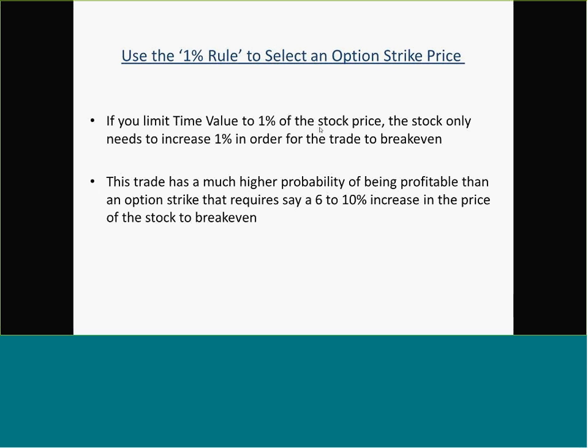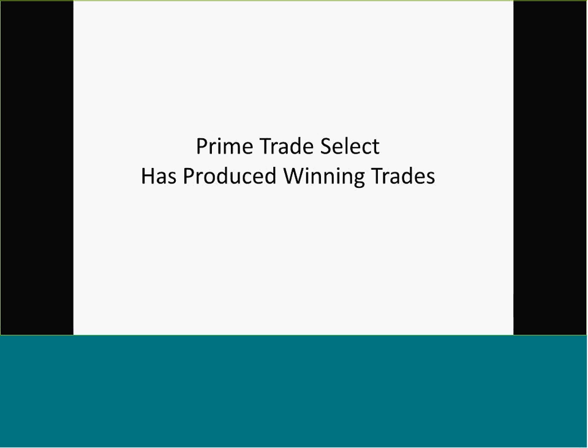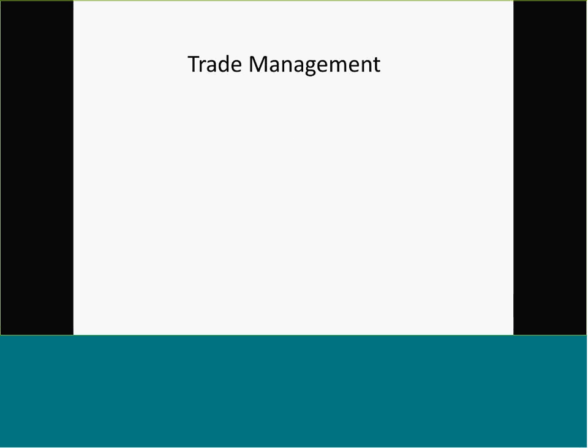So this greatly increases our chances of success by using this 1% rule to select the option strike price. And that's all part of the Prime Trade Select presentation I did in the last webinar. So as I mentioned, Prime Trade Select has produced a lot of winning trades this year. So now we're going to look at trade management.